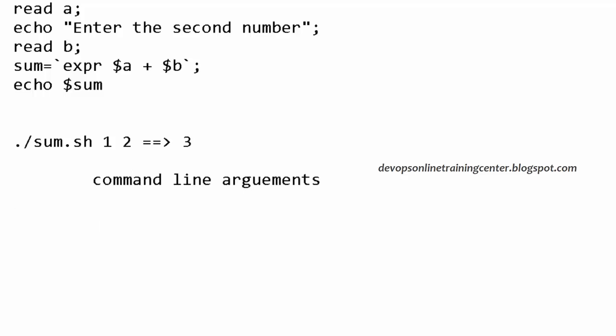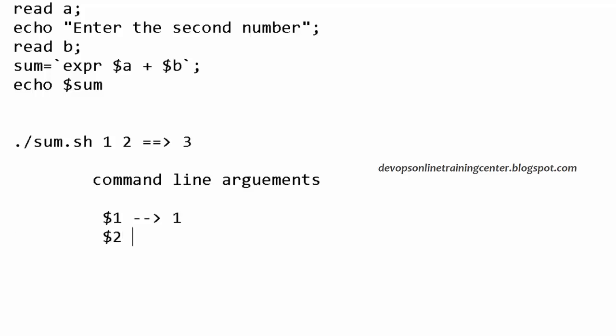Right? So how do we access these command line arguments inside the script? Inside the script, we need to add these two numbers, 1, 2. So there is a way. We can access the command line arguments inside the script using this kind of variables. If inside the script I say echo $1, it will give the first argument, in this case 1.